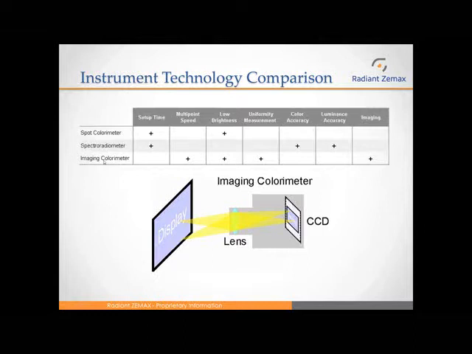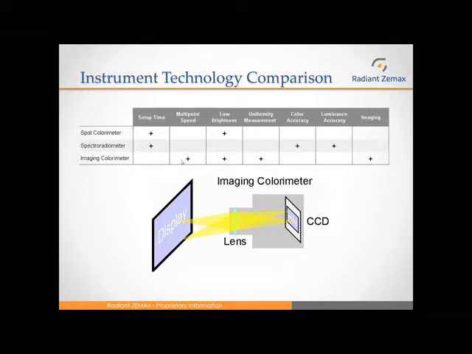Okay, and then the imaging colorimeter, the main focus of today, where it excels really is in the spatial resolution. So we don't have the highest accuracy, although with the color calibrations we're going to talk about later, we come extremely close to the accuracy of a spectroradiometer.